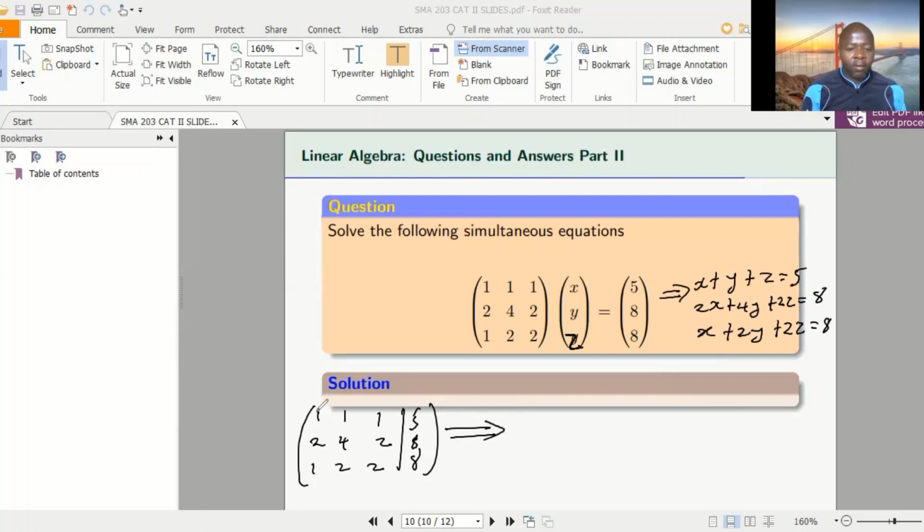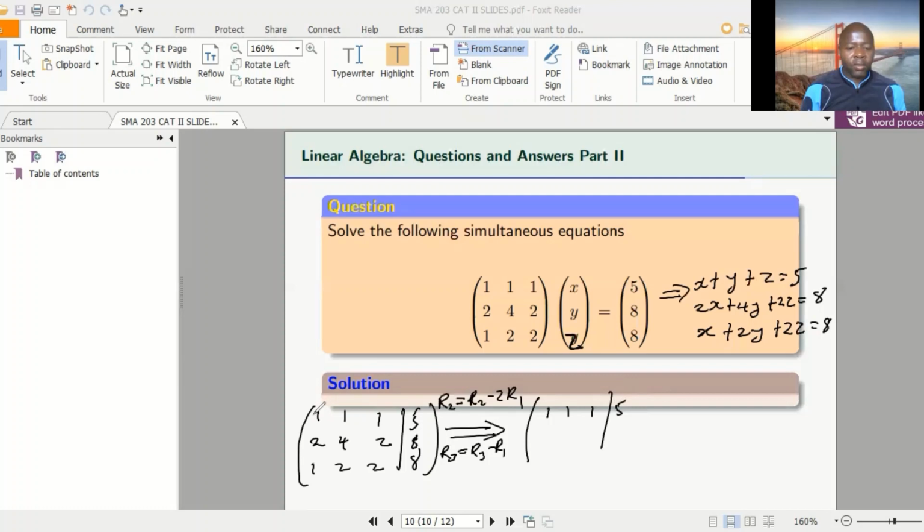I already have 1 in this position, so I want to put 2 to have a 0 here. That means I have to take the current row 2 minus 2 times row 1. I also want row 3 to have a 0 here, so I have to take the current row 3 minus row 1. So row 1 remains the way it is.